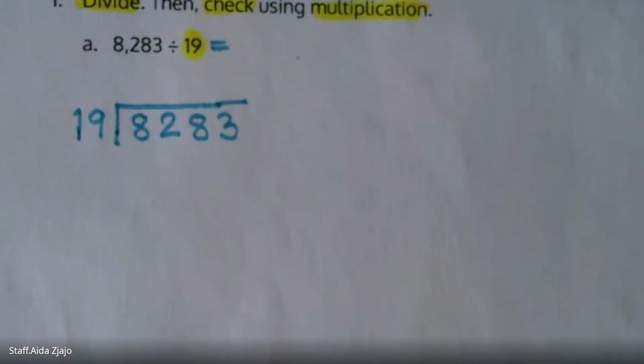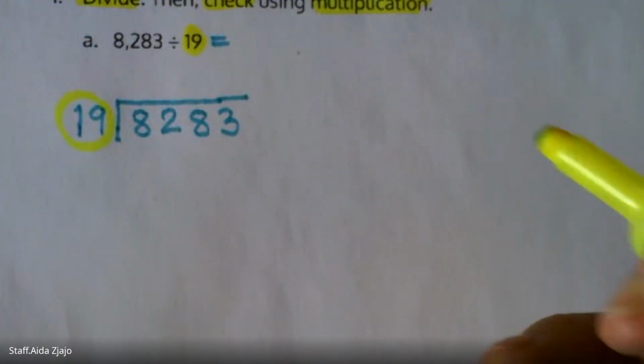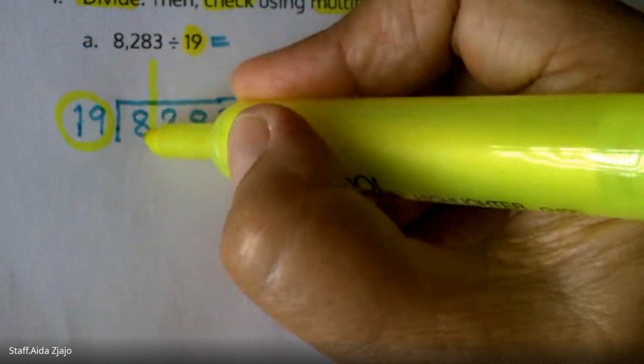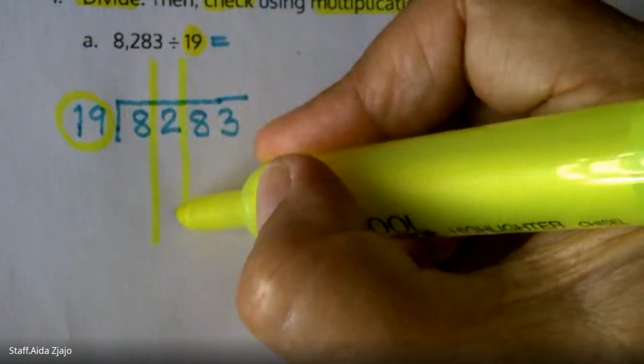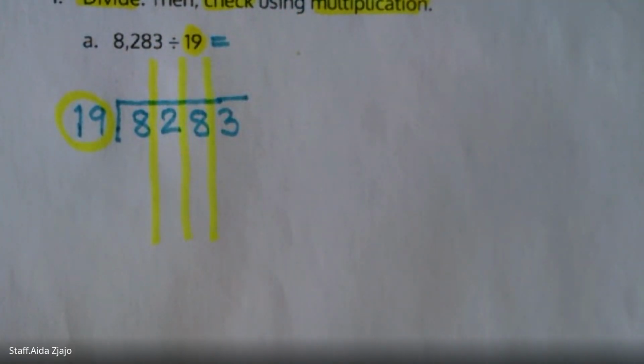So I'm going to make this a little bit bigger. So let's see if that works like this. All right, so the group is 19, and we're going to use the strategy of going one number at a time. That will help us solve this problem.